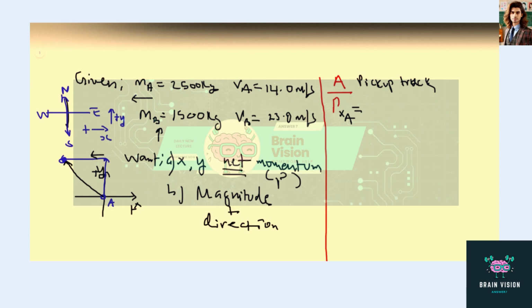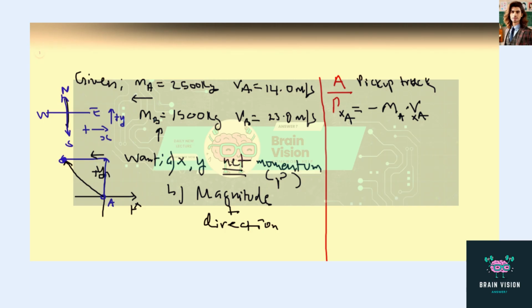And so we have to find that momentum. If it's moving towards the left, it's going to be negative momentum. So negative MA times the velocity of A, which is obviously in the x.